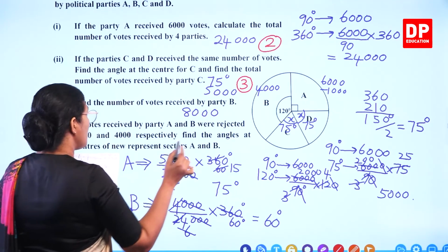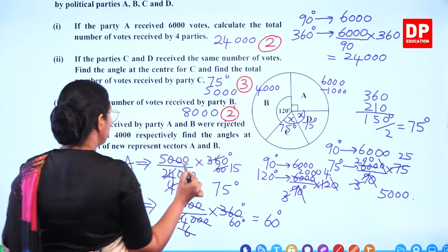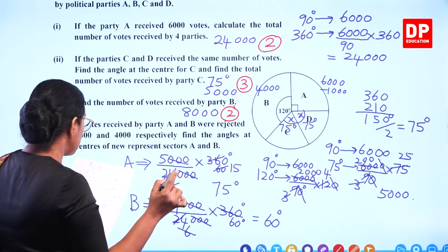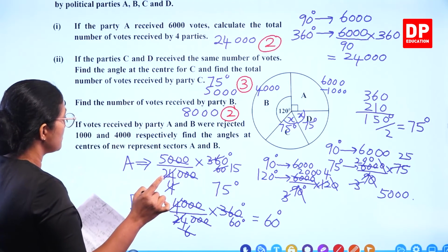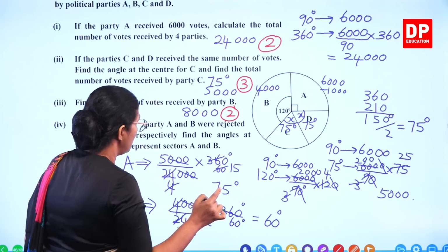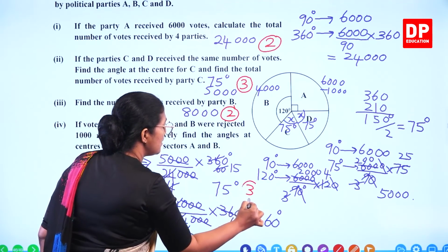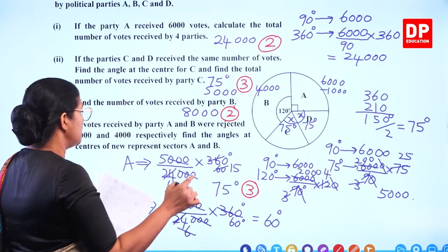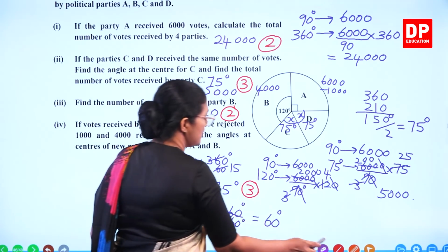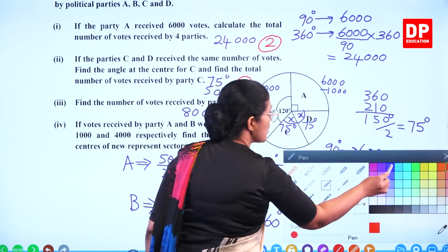And finding 8,000 you get 2 marks here. And finding angles separately you get 3 marks. We'll give 3 marks here. And 2 marks and 1 mark you can give. So altogether 10 marks for this question.